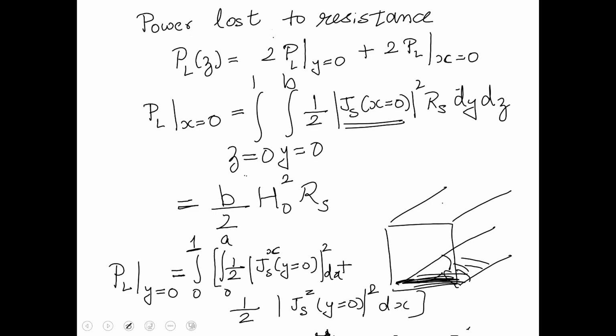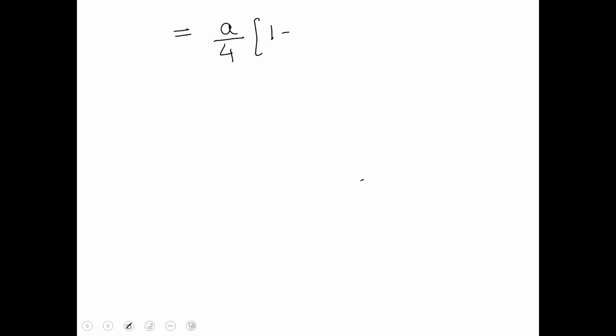And when we substitute again these terms, we had calculated it yesterday. When you substitute, this loss is going to be a by 4, 1 plus beta a by pi square, h naught square by Rs.